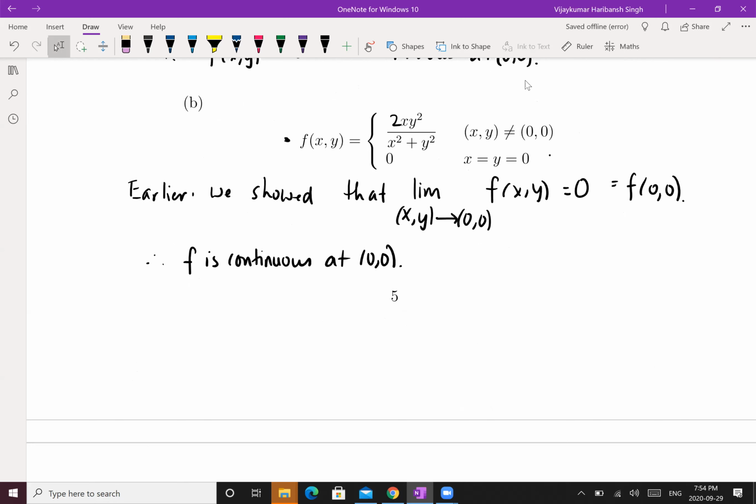So another example is f of (x, y) equals xy squared upon x squared plus y to the power 4.